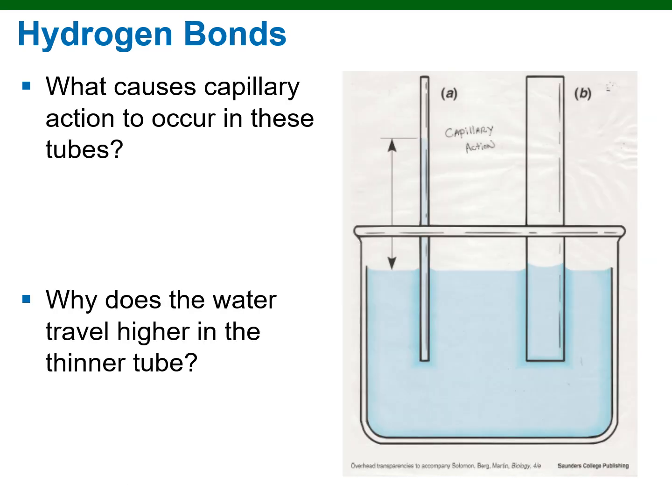Another property of water's behavior with respect to hydrogen bonding has to do with explaining the answers to these questions as well. So this question up top here says, what causes capillary action to occur in these tubes? Now, let's look at capillary action. Capillary action is the way we refer to water's tendency to creep up a narrow tube when placed in water. So tube A here on the left, the water creeps up quite a bit above the level of water here in the beaker.